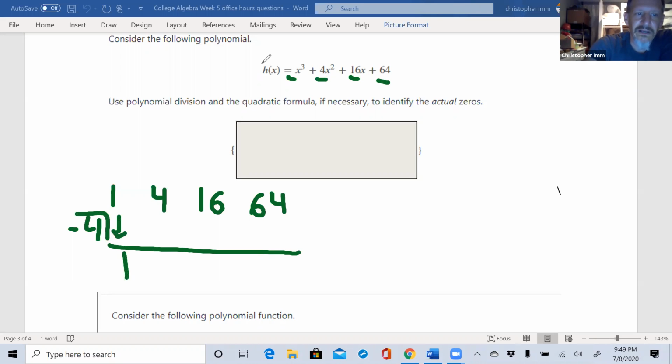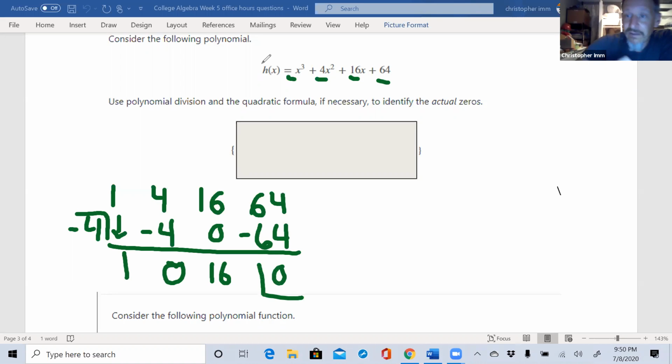I bring down 1, multiply by -4, and I add it to 4 and get 0. -4 times 0 is 0, I add, I get 16. 16 times -4 is -64, and I add and I get 0. That's my remainder. So since my remainder is 0, it works. Yay. So now I know that x equals -4.